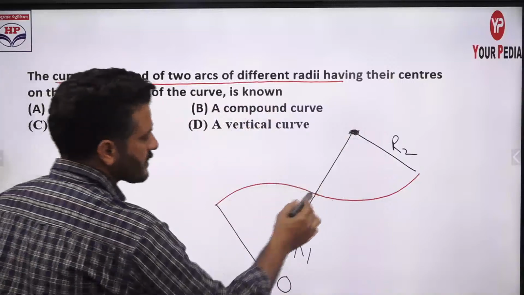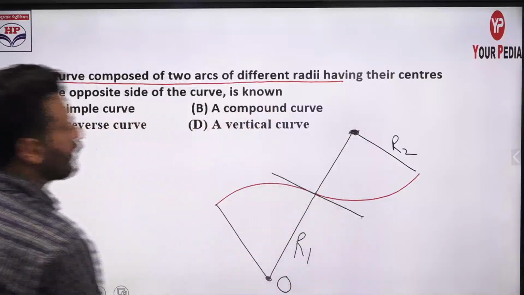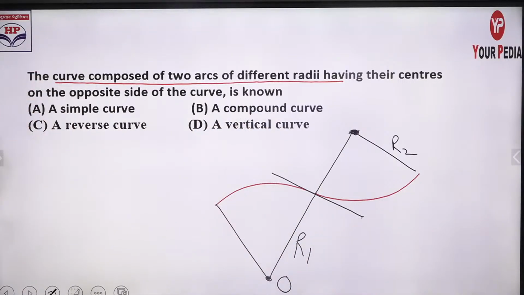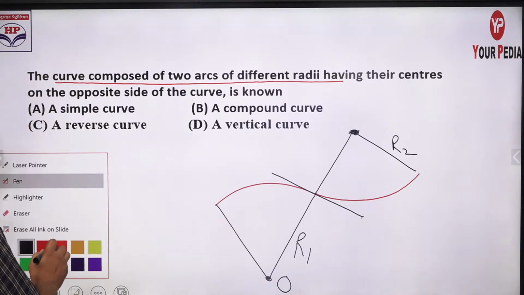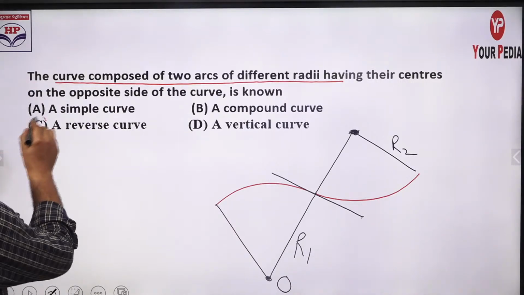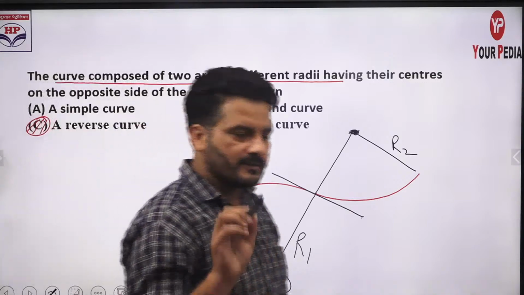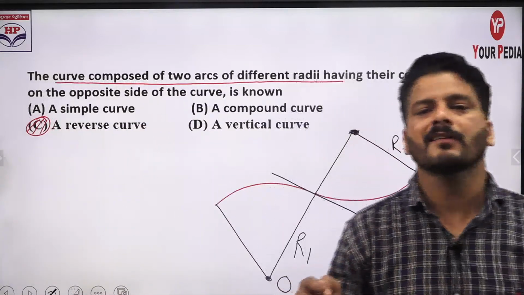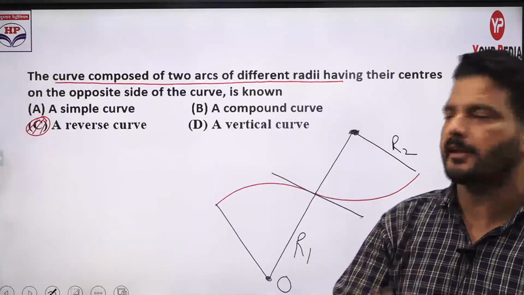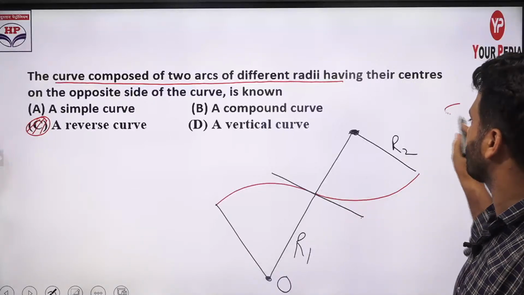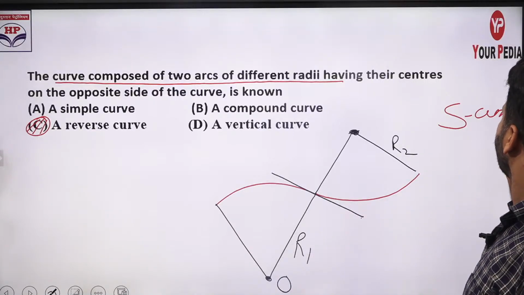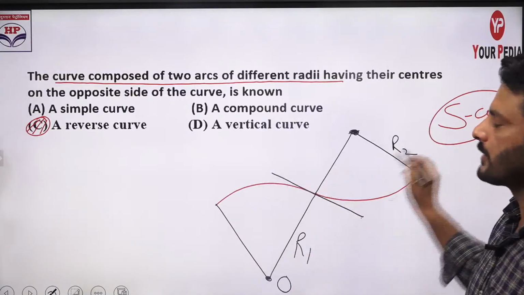This is a common tangent for both the curves. This curve is known as a reverse curve or serpentine curve, also known as an S curve. You can see the shape of the curve, it is just forming an S.